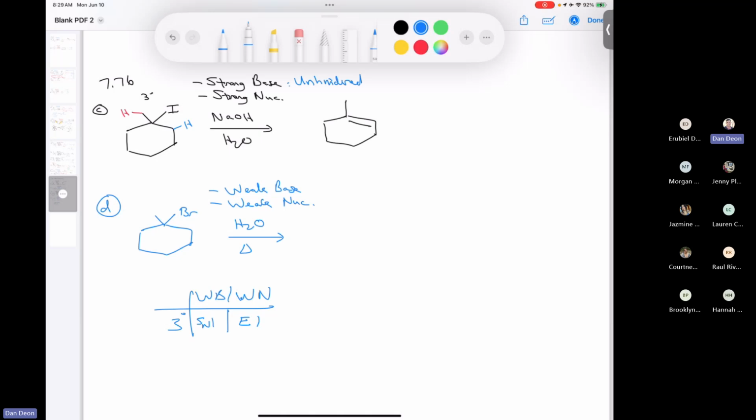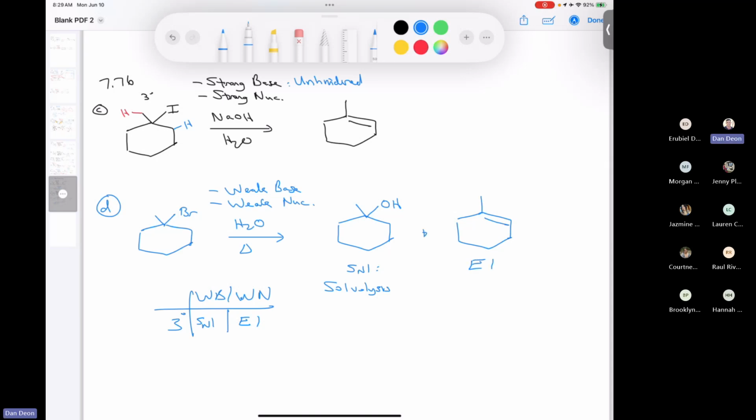The product of the SN1 would be this. So we replace the bromine with a hydroxyl. Again, this is the SN1 product. This is what we call the solvolysis reaction, or the solvolysis product. And then the E1 product would be this one here, okay? This is the E1 product.